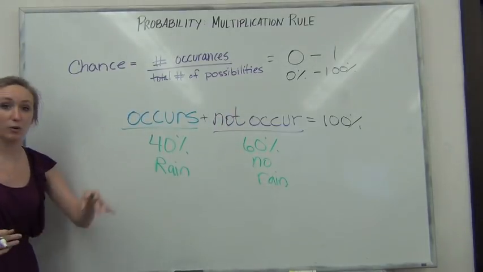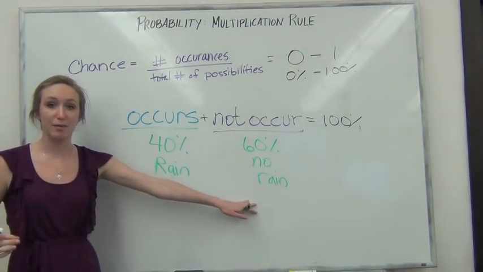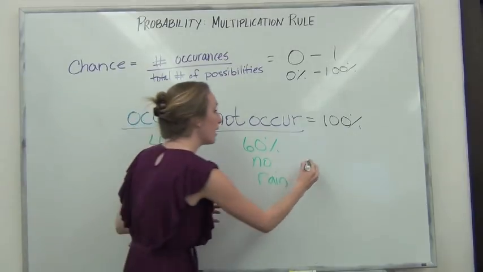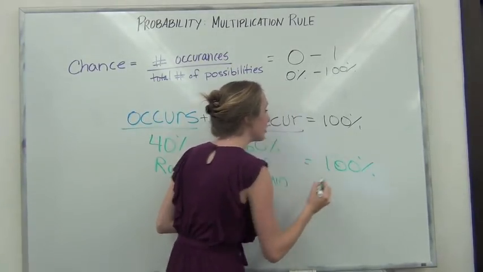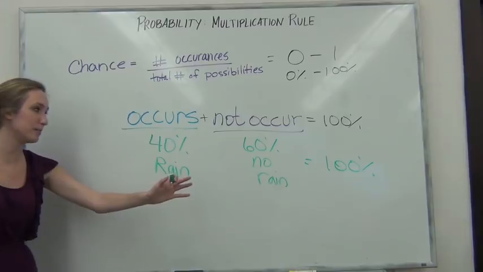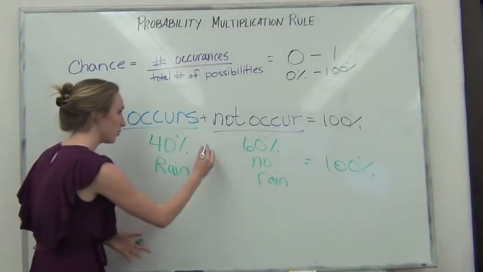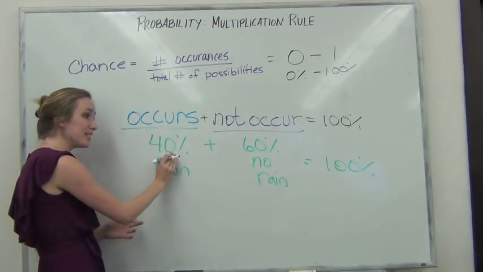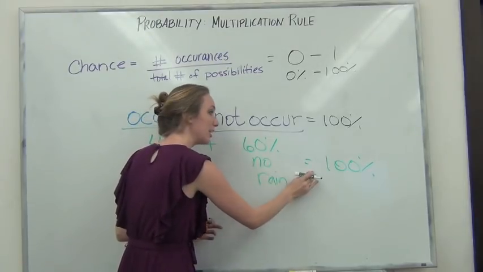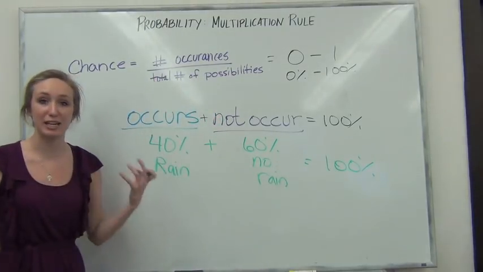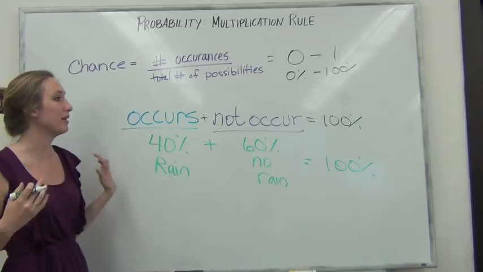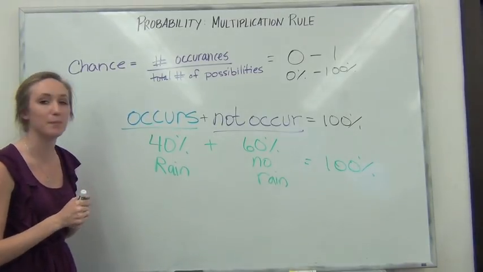Because it can either rain or it can not rain. Those are the only two options. So that equals 100% of our total possibilities in terms of rain. So the chance that something happens or that it doesn't happen equals 100%. And that's particularly useful, and we'll see that even just a little bit later in this pre-lecture video.